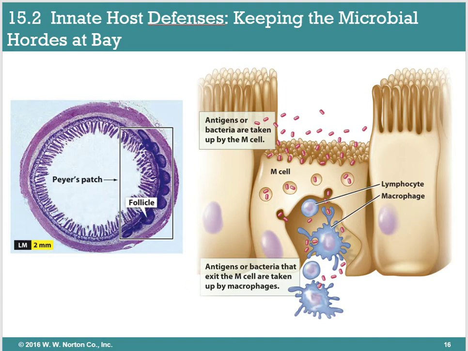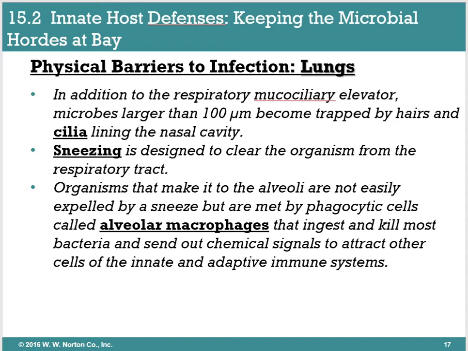Okay, so with that, let's go ahead and go to our lungs. So our lungs, like we talked about in our last chapter, it doesn't really have a lot of microbiota in it. It doesn't have a lot of microbial growth, ideally, theoretically speaking.